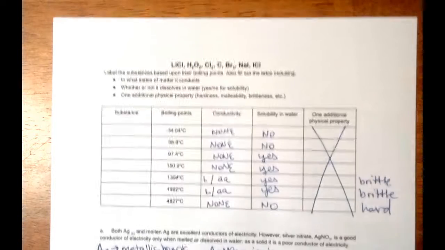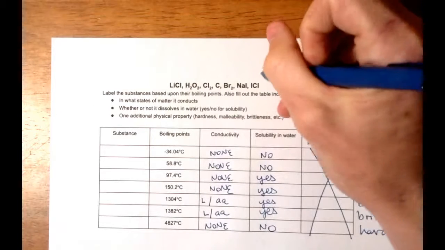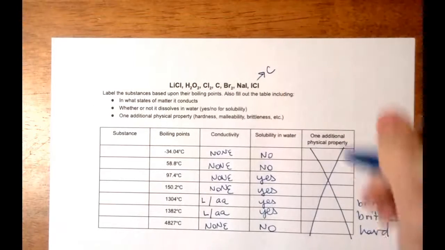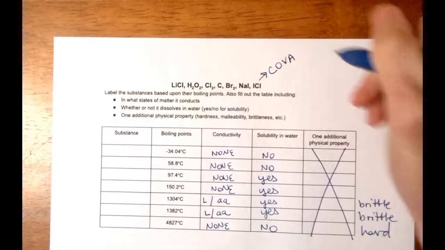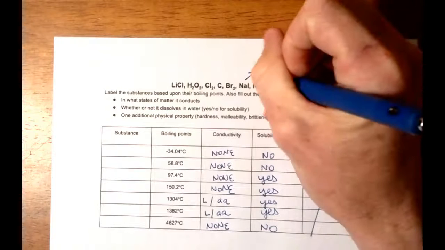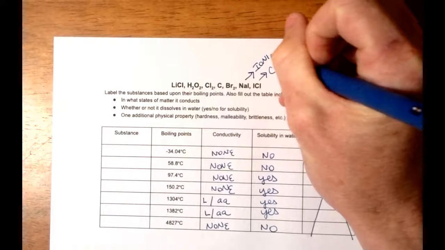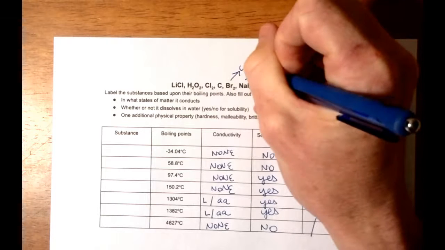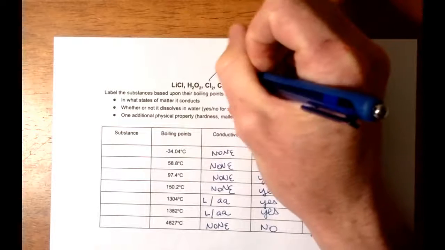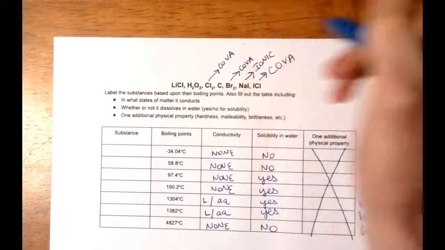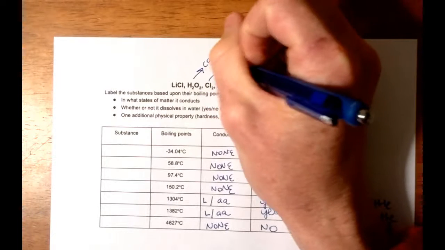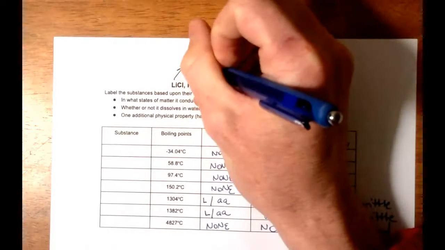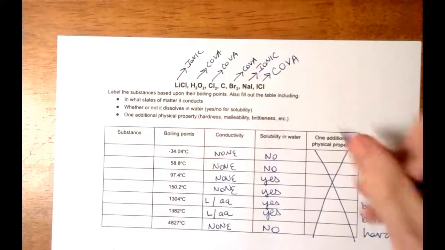So let's check these out. ICl is covalent, nonmetals. NaI is ionic. Br2 is covalent. Cl2 is covalent. H2O2 is covalent. LiCl is ionic.